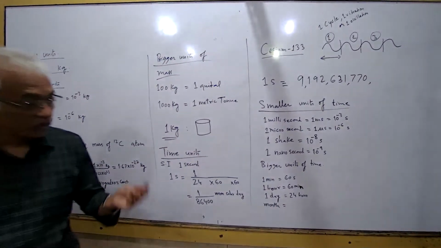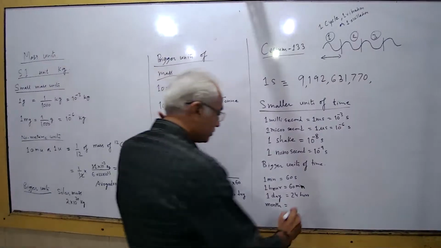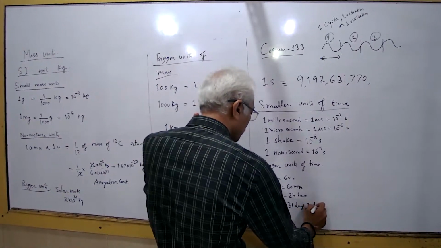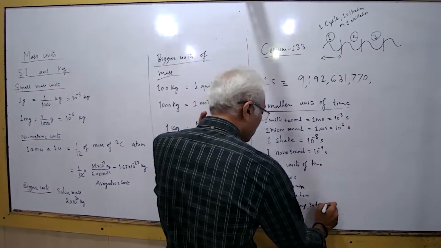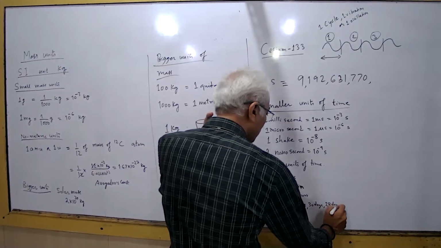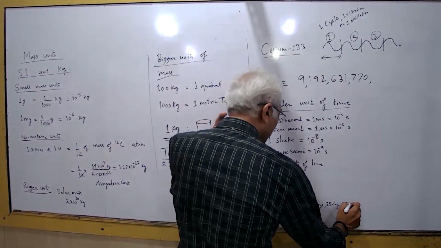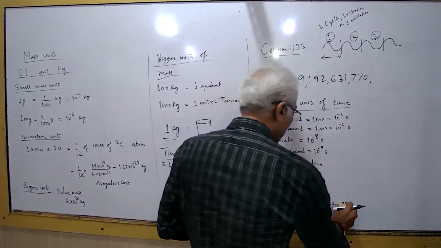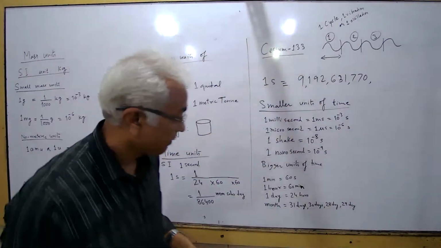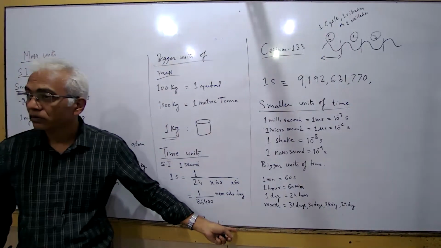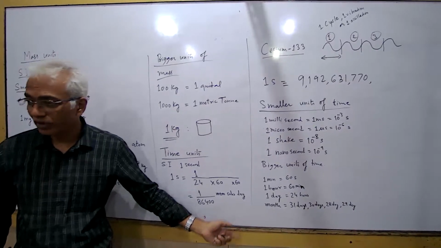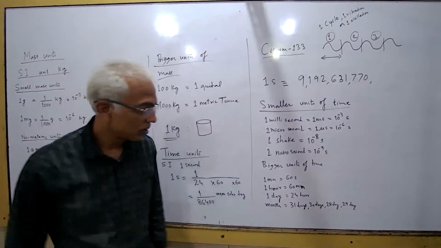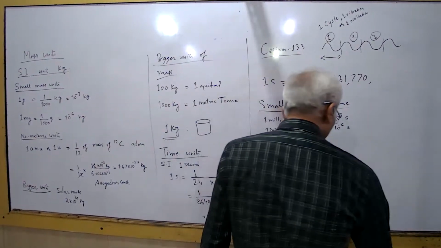So month, some are 31 days, a combination of 31 days, 30 days, and 28 days and 29 days. Only February has 28 or 29, so it depends. So this is a month, right? Then you have year, which consists of 12 months. These are different months, different days. But on an average, it is taken as 30 days.